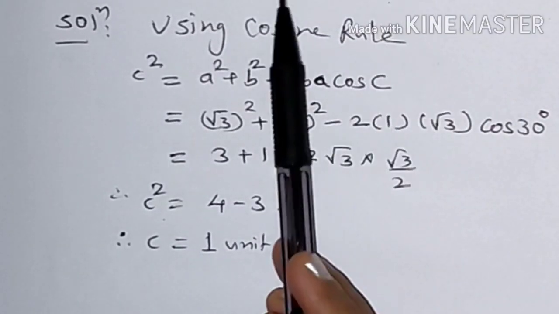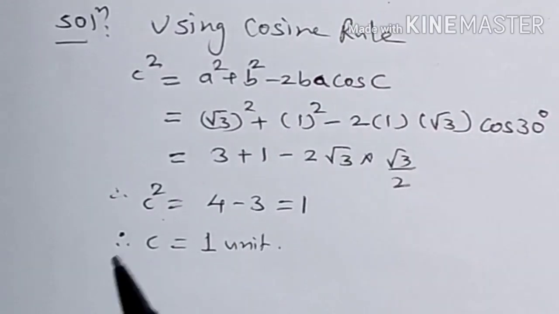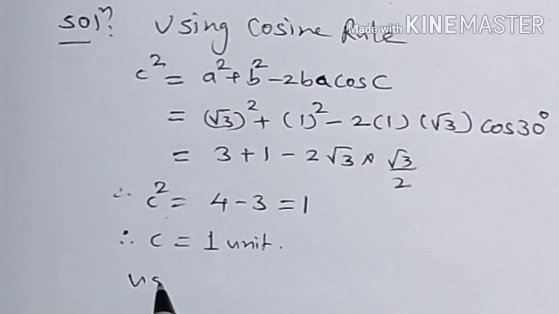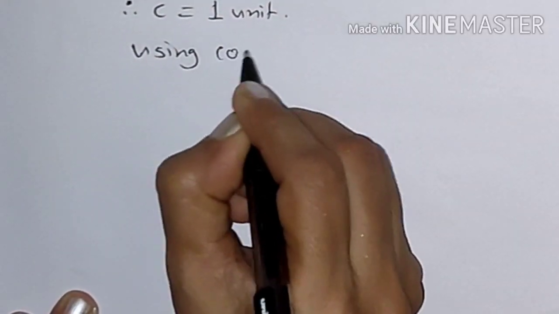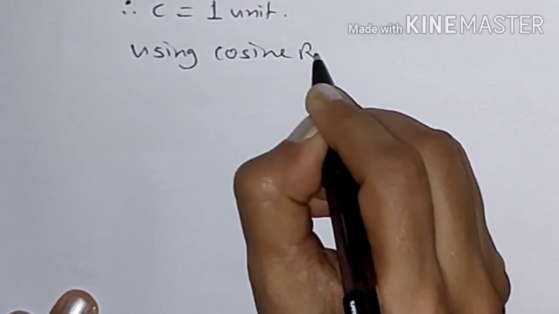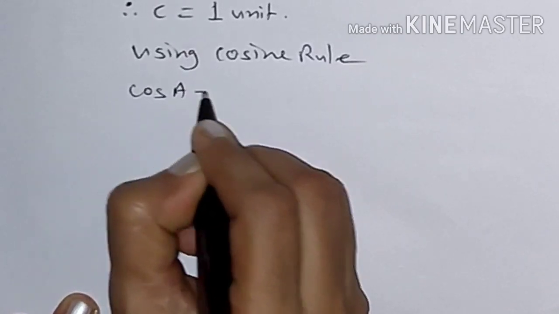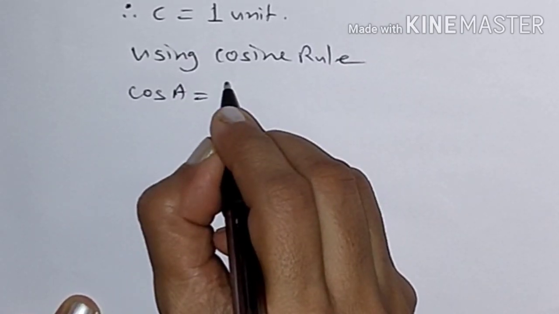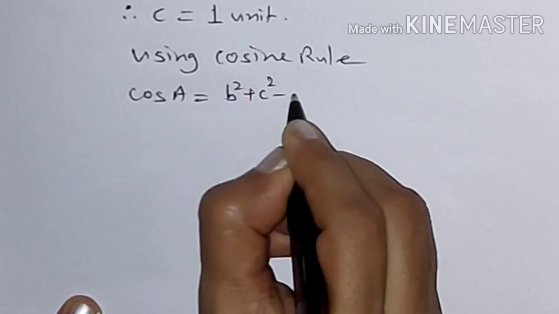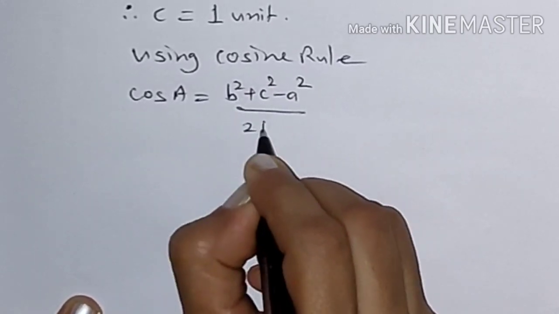Now we want to find measure of angle A and measure of angle B. So again using the cosine rule, we can write cos A is equal to b square plus c square minus a square upon 2bc.